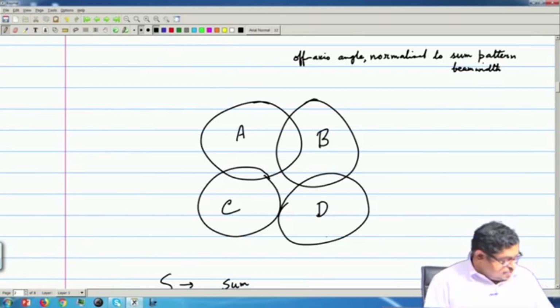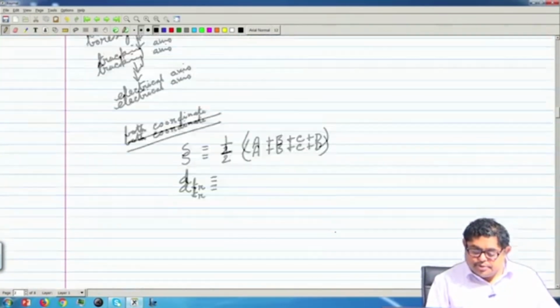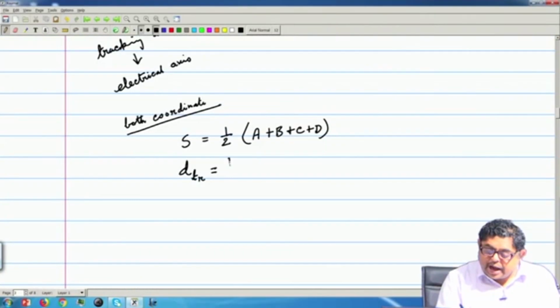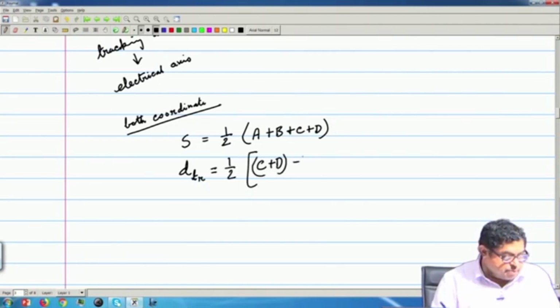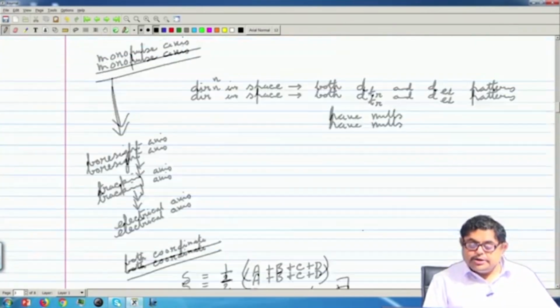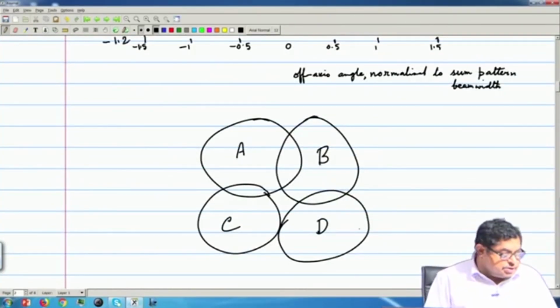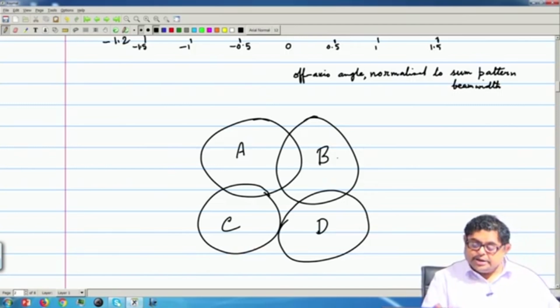So, the definition of DTR is half into C plus D minus A plus B. Again, let us check C plus D minus A plus B.